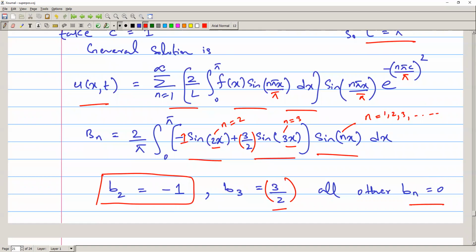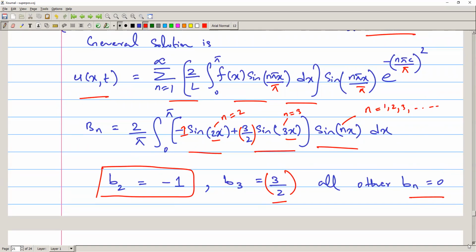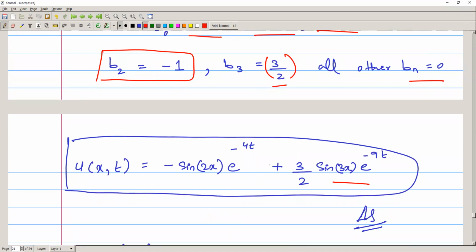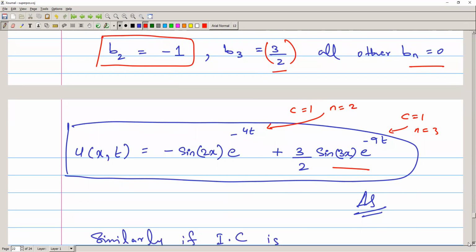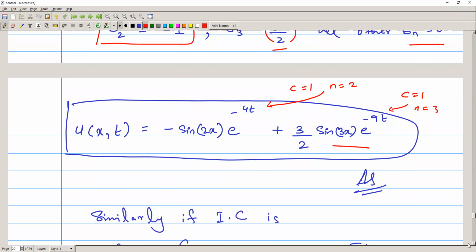So this is the solution for this question: e to the power -4t, c is 1, n is 2 for this, and c is 1, n is equal to 3 for this, right? So in this way, we got the final answer for this heat equation.